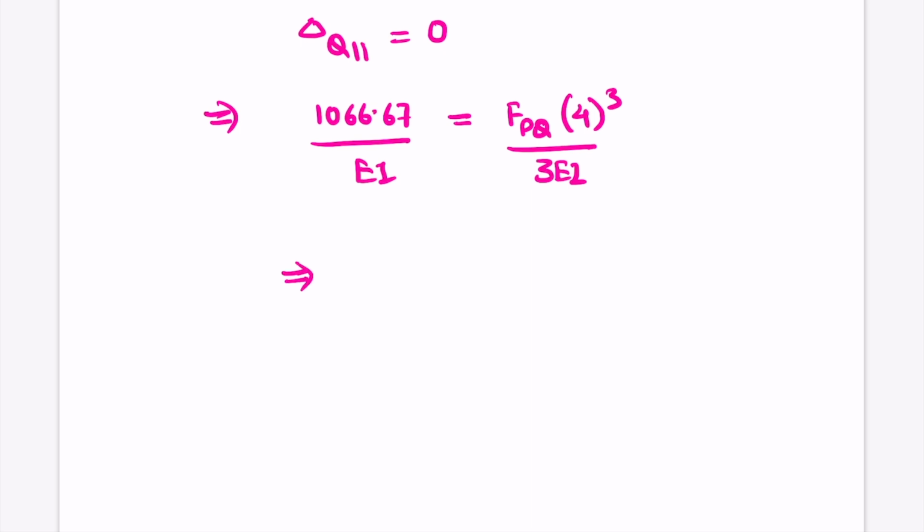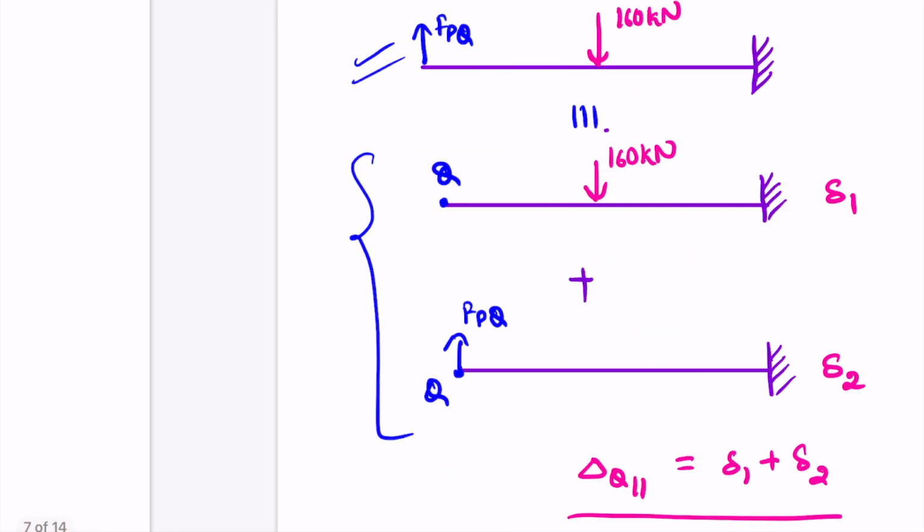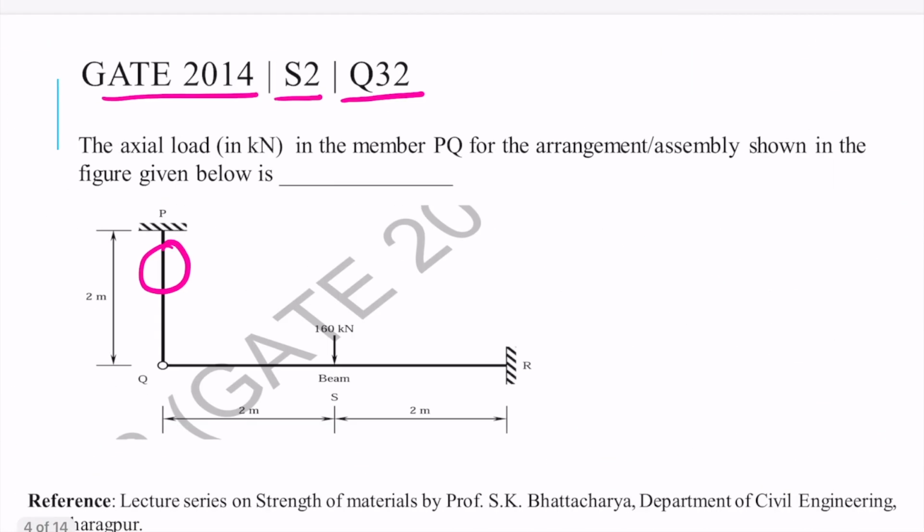From here we get the value of FPQ as 50 kilonewton. So this is the final answer we are getting here. They asked us the value of axial load in kilonewton for this member FPQ. So we are getting the value as 50 kilonewton. So this is the final answer.